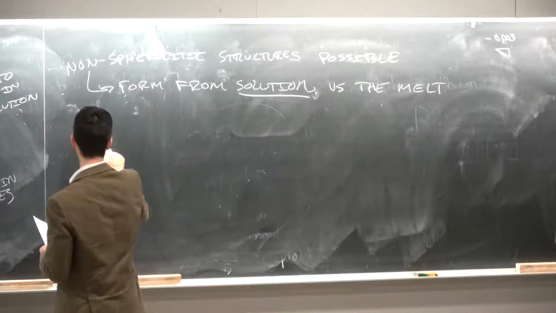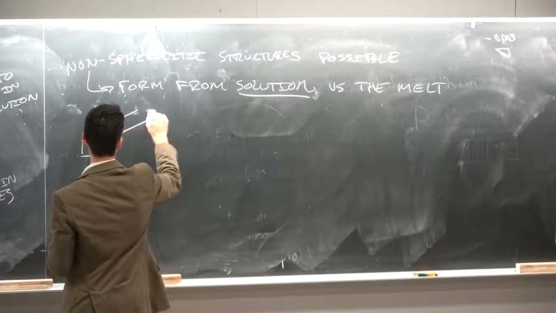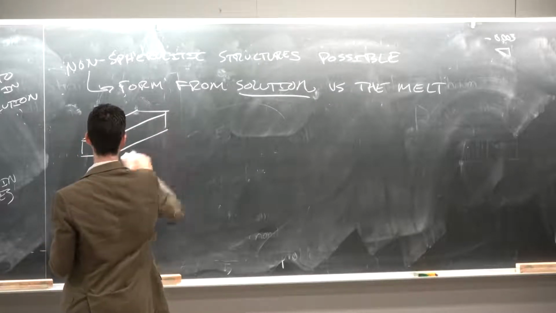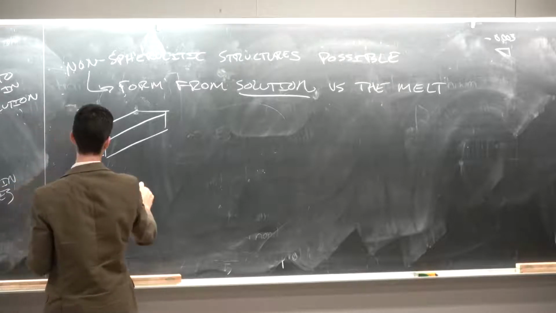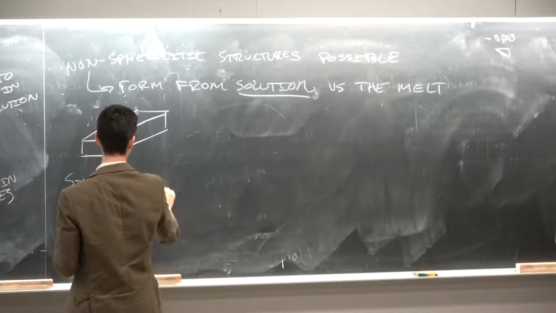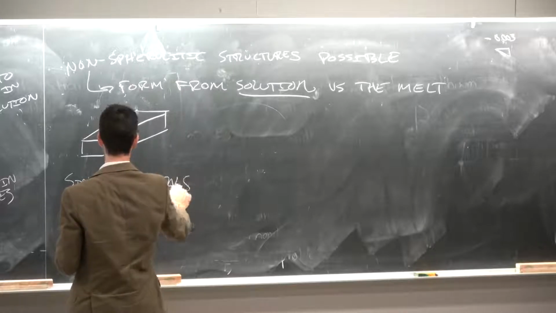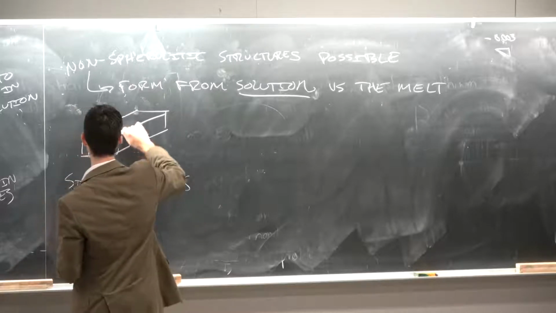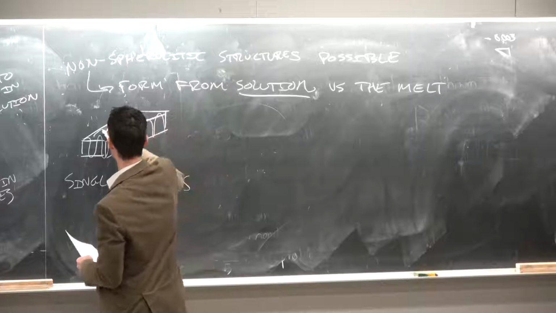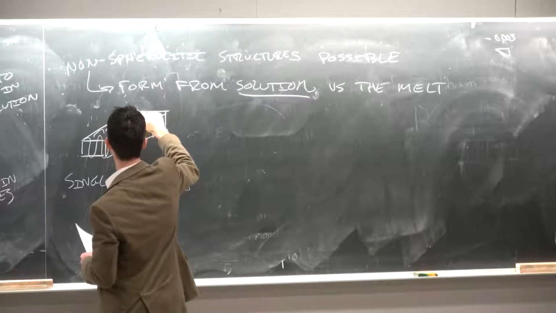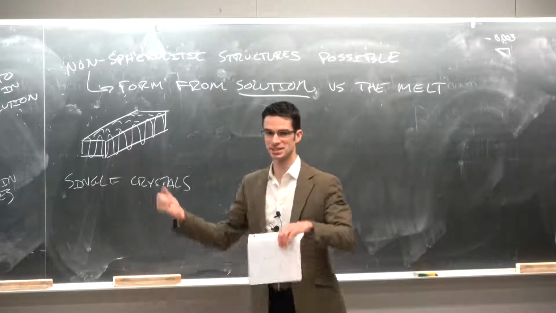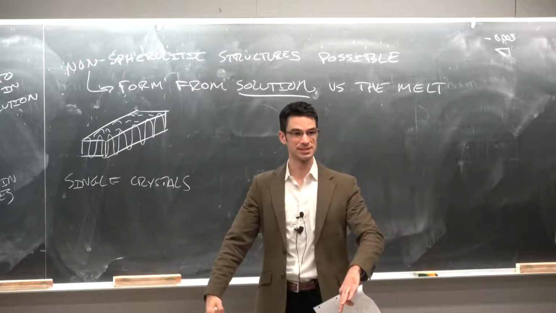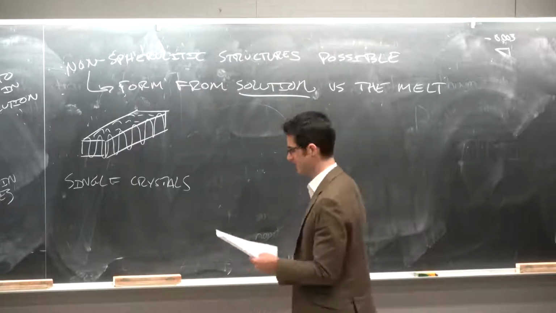So you can have single crystals, single high aspect ratio linear crystals. Generally, they have the adjacent reentry model. You can have single crystals that have branches, which are called dendrites.